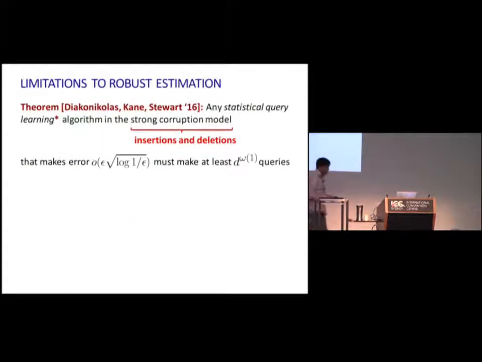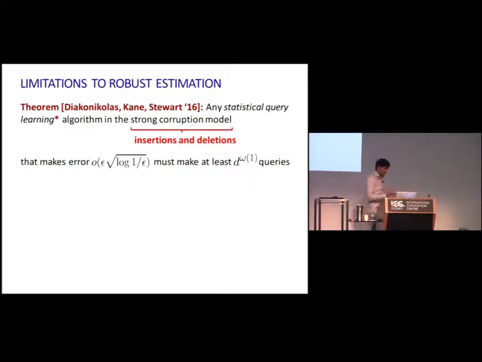So one interesting development is that there are some lower bounds to robust estimation that tell you some things you can't do. So remember the error guarantees we had, what was nice about them: they were doable by polynomial time algorithms, awesome, and they were dimension independent. They got O of epsilon times some polylog of 1 over epsilon.